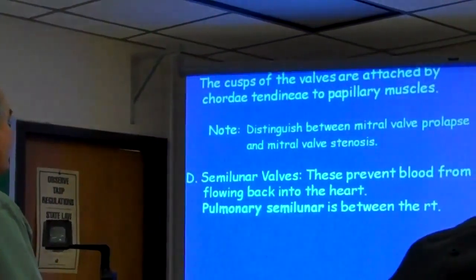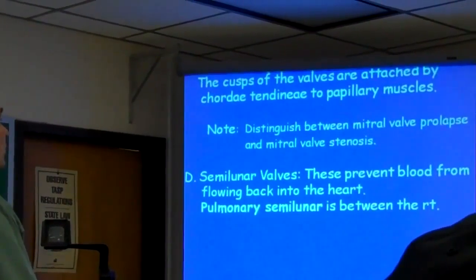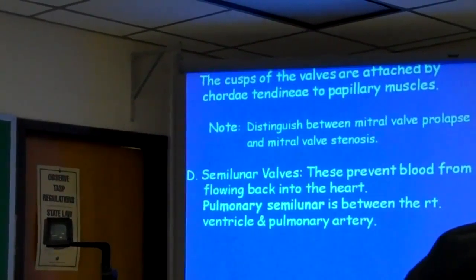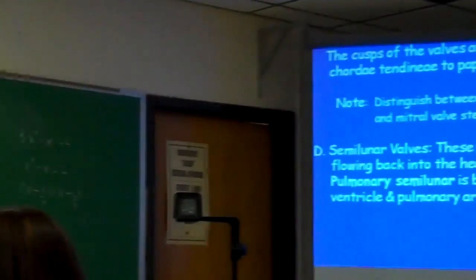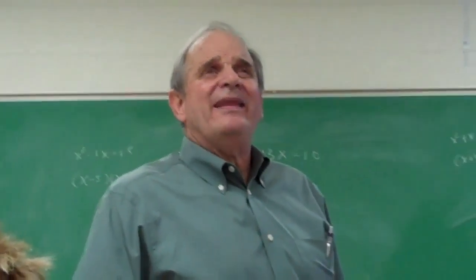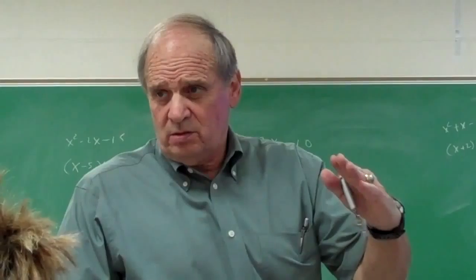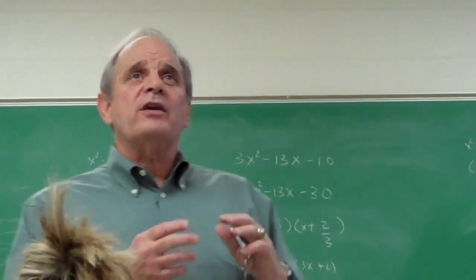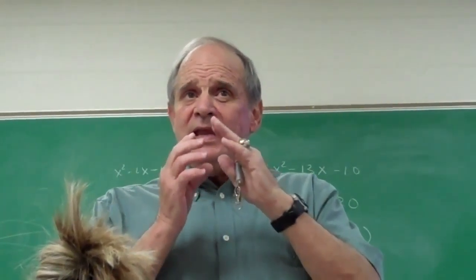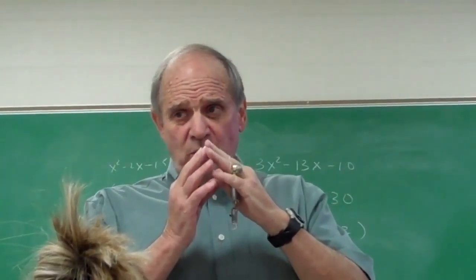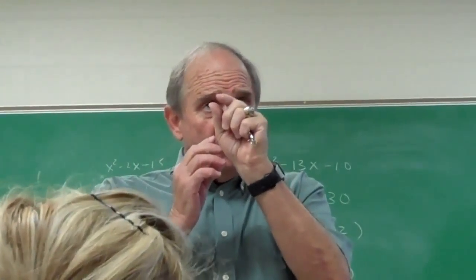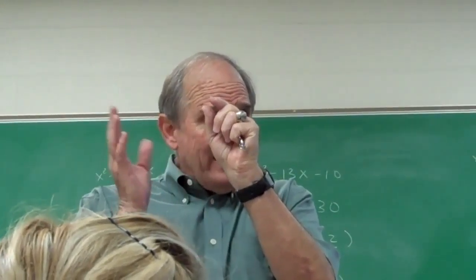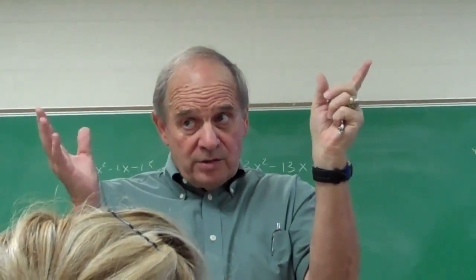All right, pulmonary semilunar valve. You know where that is? It's between the right ventricle and the pulmonary trunk. In other words, the first part of the pulmonary artery is sometimes referred to as the pulmonary trunk, because that pulmonary artery will branch going to the right and going to the left, to the lungs, obviously.